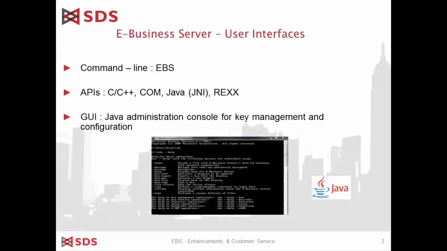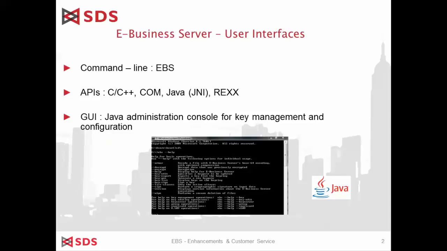So there are a number of interfaces or ways that you can access eBusiness Server. Some folks prefer the good old-fashioned command line interface. To make it simpler to call eBusiness Server commands from other languages and also to improve performance when commands are called repeatedly, a simple C language API for entering eBusiness Server commands is included in eBusiness Server.